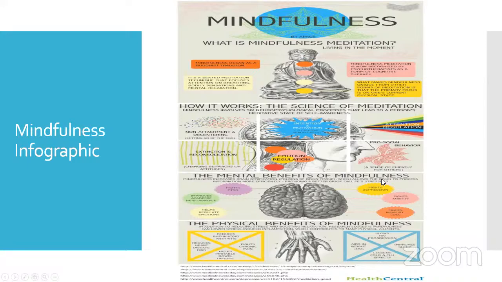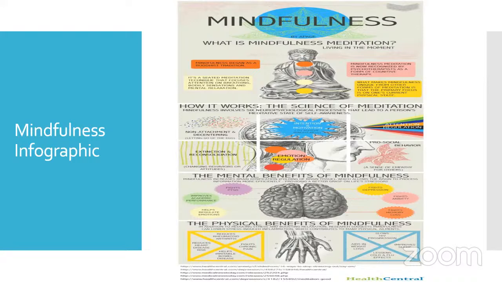The mental benefits of mindfulness: it fights depression, anxiety, memory loss, and PTSD, helps regulate emotions, and improves academic performance. Physical benefits are mostly in arthritis. I think mindfulness plays an important role in the lives of people suffering from arthritis.